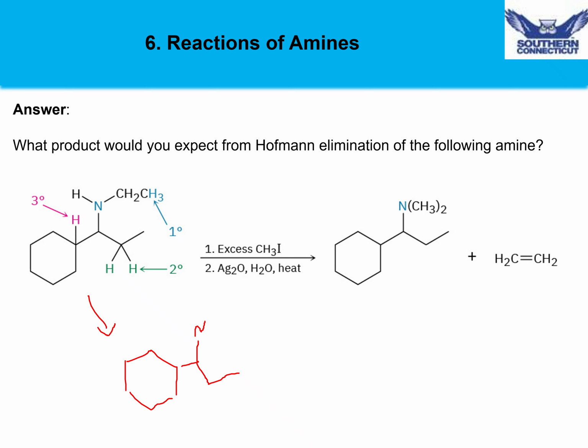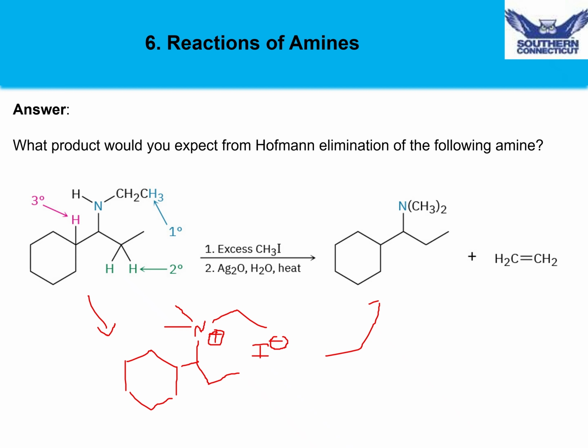We'll have a nitrogen going up with an ethyl group on it, as well as two methyl groups, plus a positive charge on the nitrogen. We'll have an iodide counter ion.